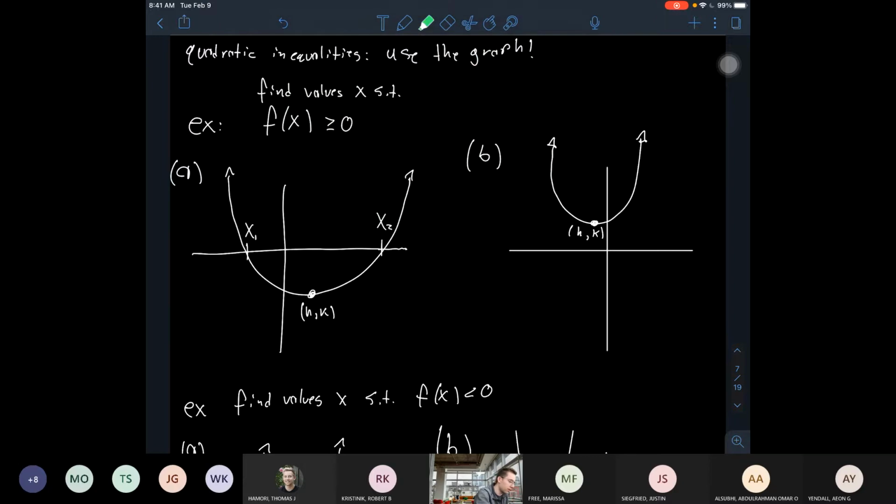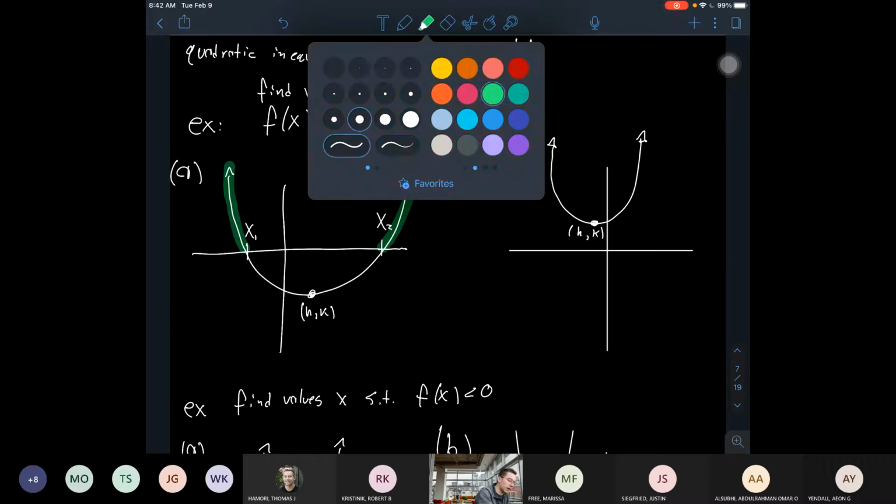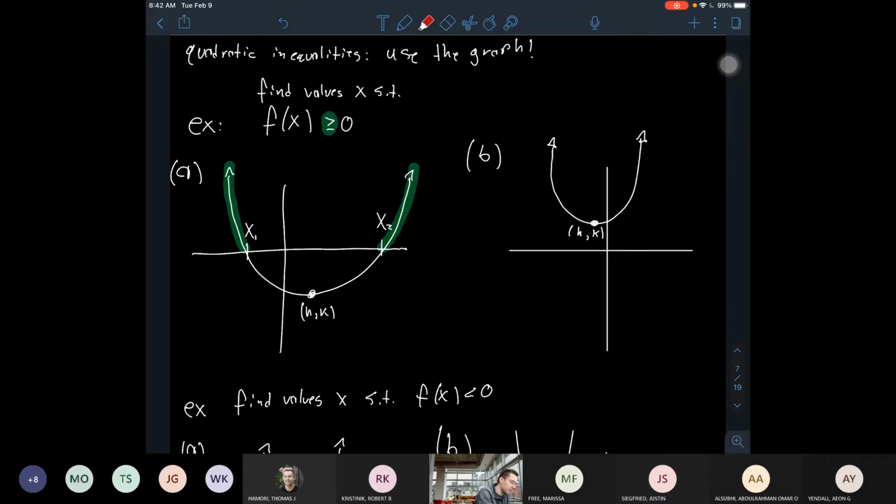And that's going to be in all of this region right here up until I hit this point, and including it since I have a greater than or equal to sign. And then all of this region here. We're not going to include any of this region, because that's beneath the x-axis, and that would mean that f of x is less than 0.